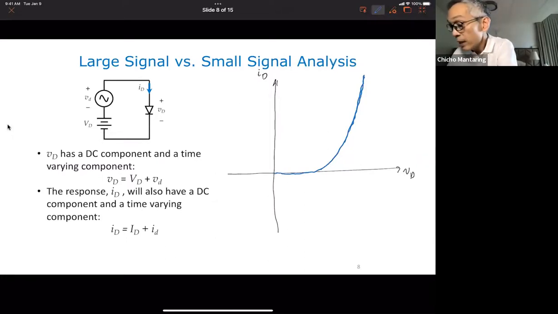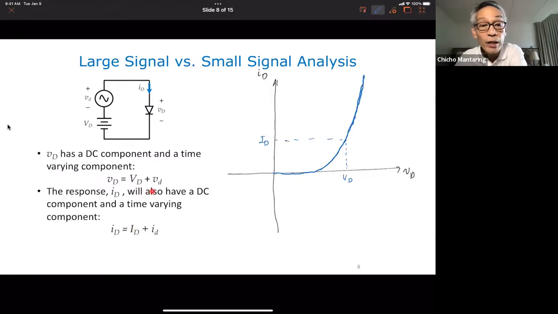What is this going to establish? This is going to establish the operating point. Let's say this is V sub D. That is going to establish my I sub D. This V sub D will establish this I sub D.